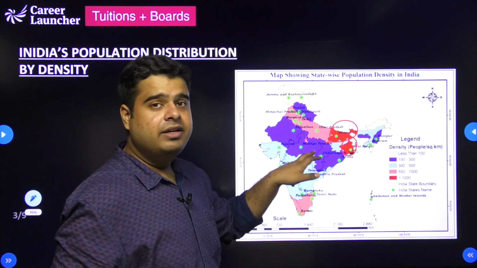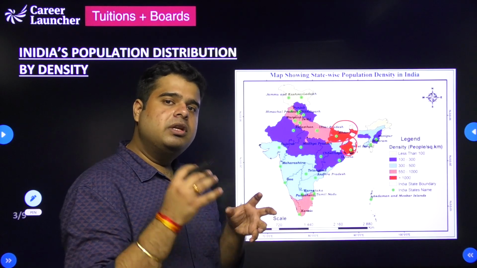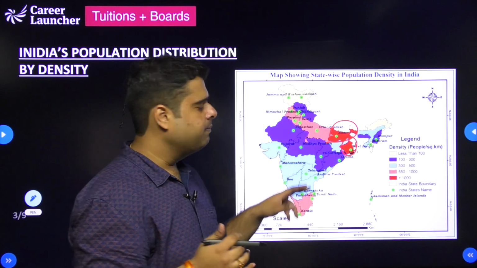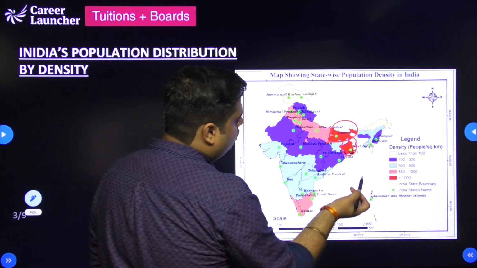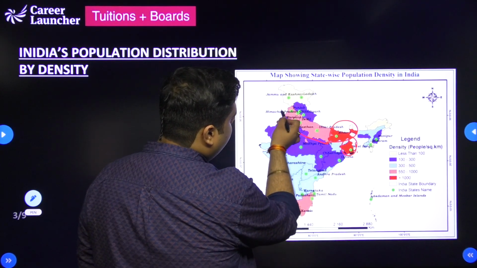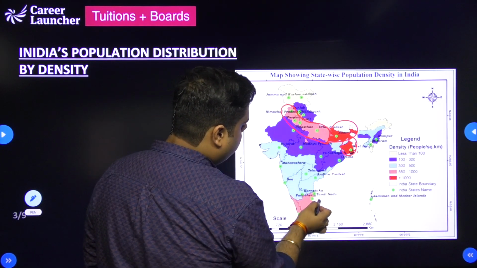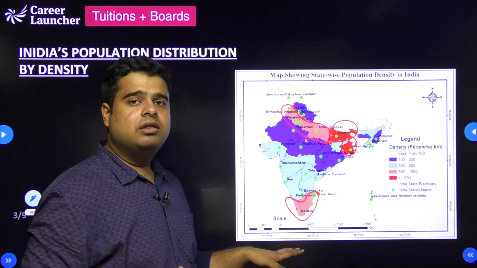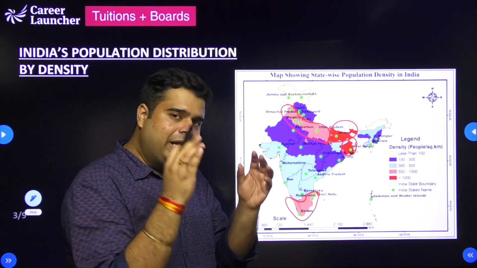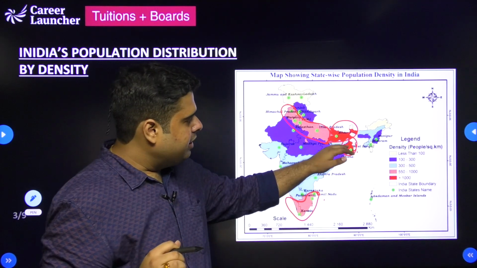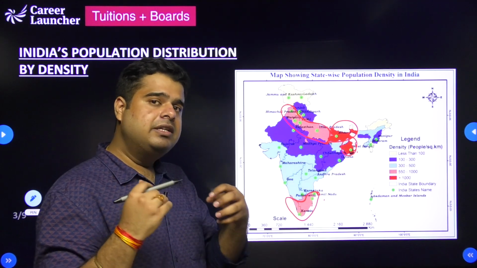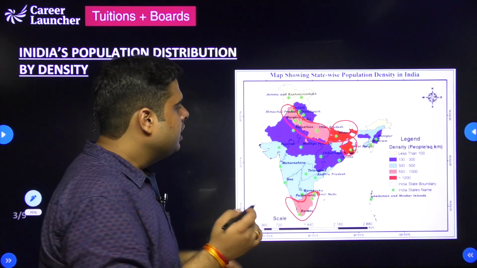The reason is that the density of population per square kilometer is very high in these two states. In states like Uttar Pradesh, Haryana, Punjab, Tamil Nadu and Kerala, the population density is a bit lower than Bihar and West Bengal, but still pretty high.